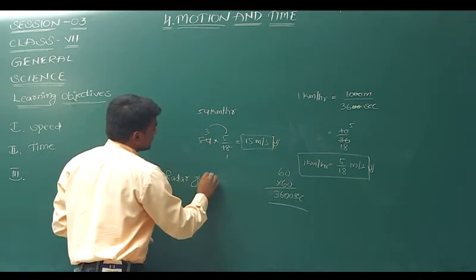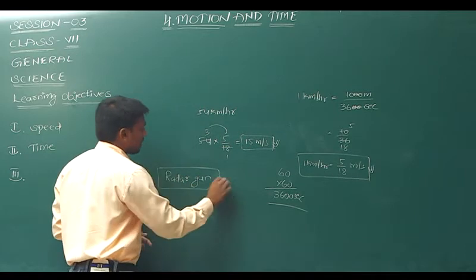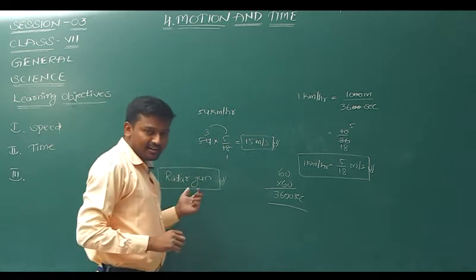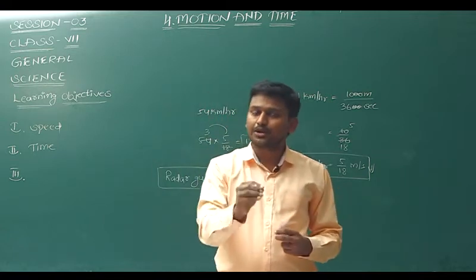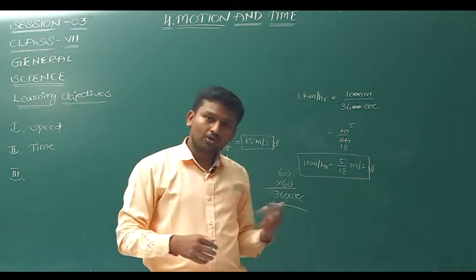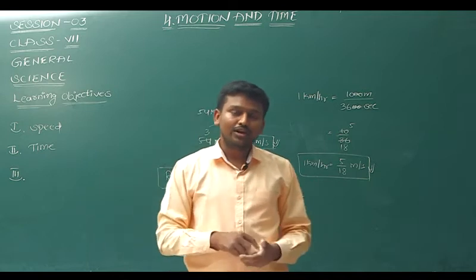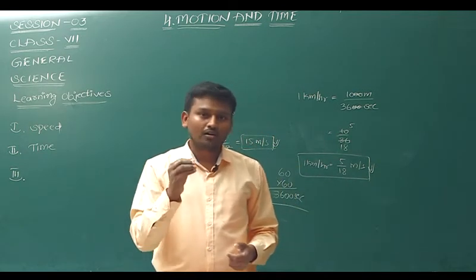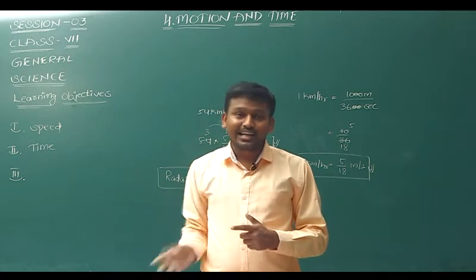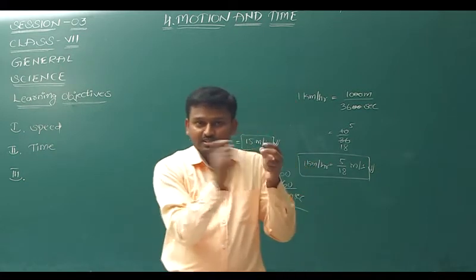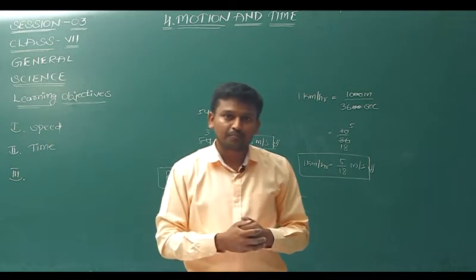By using this radar gun, rays come out from it, and those rays help us to find out the speed of any vehicle. And not only this, even to measure the speed of the bowling, if you see in the cricket matches, after delivering the ball, immediately we can see the speed of the ball on the screen.